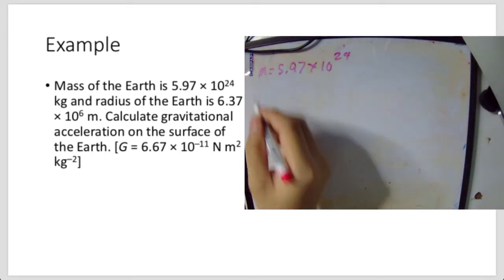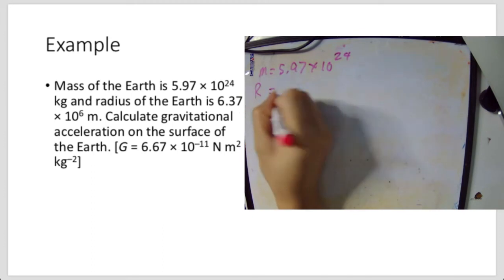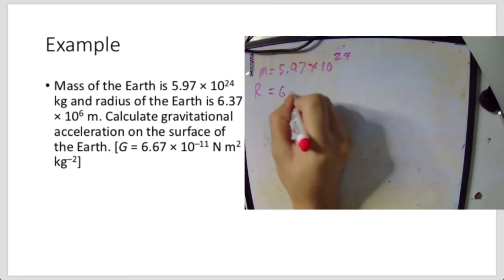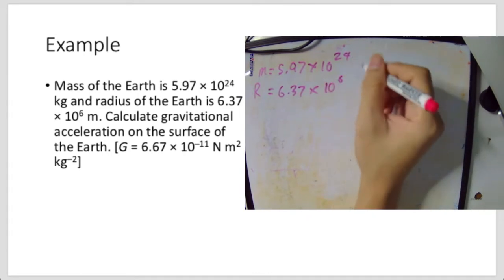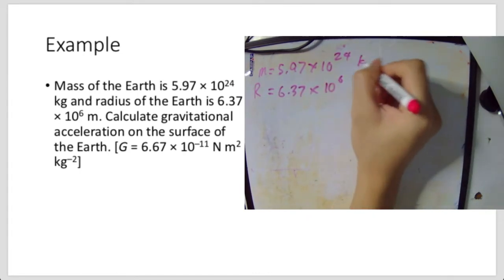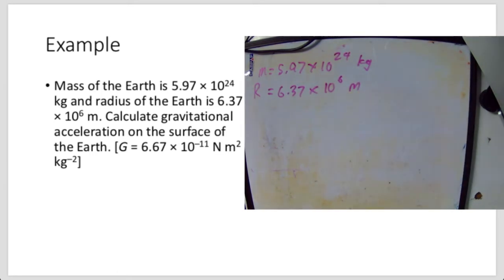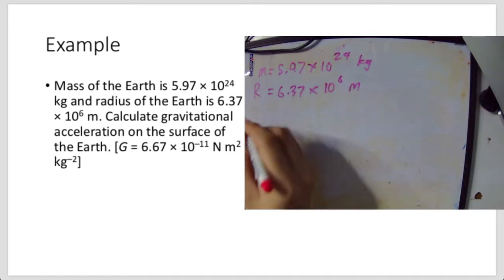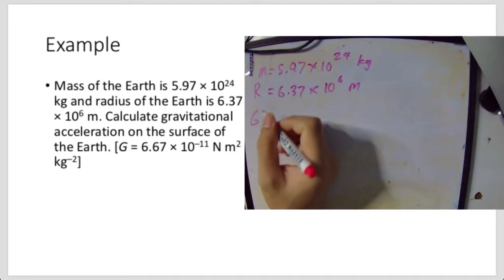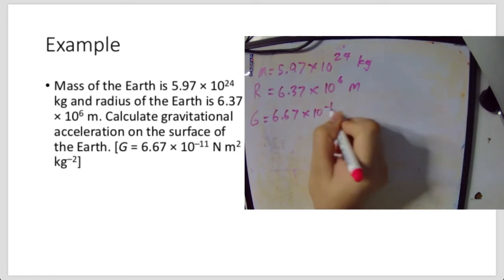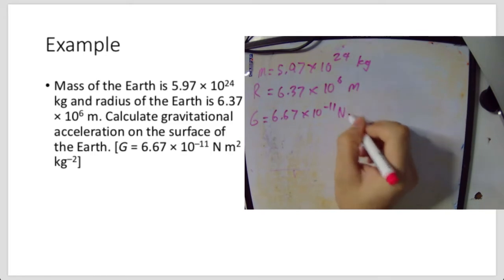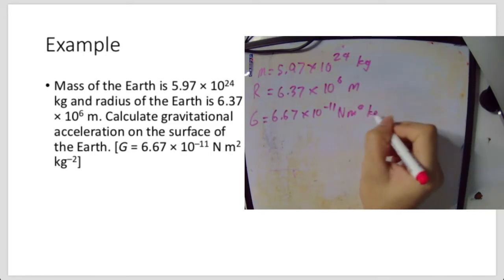Radius of the Earth, remember, is capital letter R, is 6.37 times 10 to the power of 6 meters. This is kilos, this is meters. All right. Calculate the gravitational acceleration on the surface of the Earth. Now, it also gives us the gravitational constant, which is 6.67 times 10 to the power of negative 11 newton meter squared per kilogram squared.